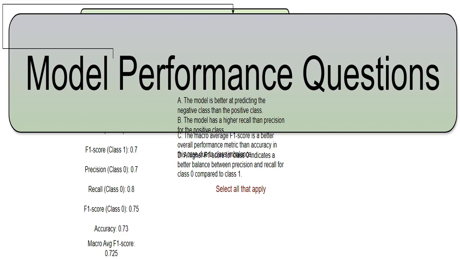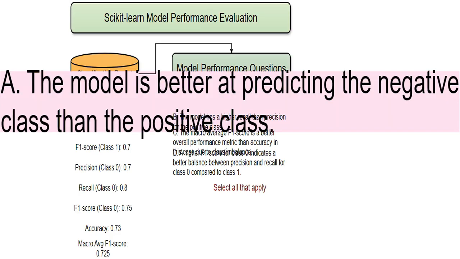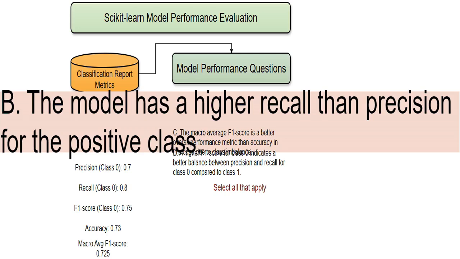Now, let's test your understanding with some questions about the model's performance. I'll present some statements to evaluate. Based solely on the F1 scores, the model appears better at predicting Class 0. However, we must consider potential class imbalances. This is false. The model has higher precision, 0.8, than recall, 0.6, for Class 1.